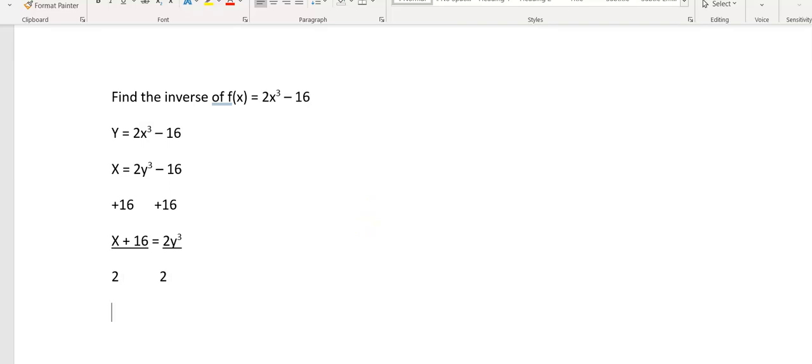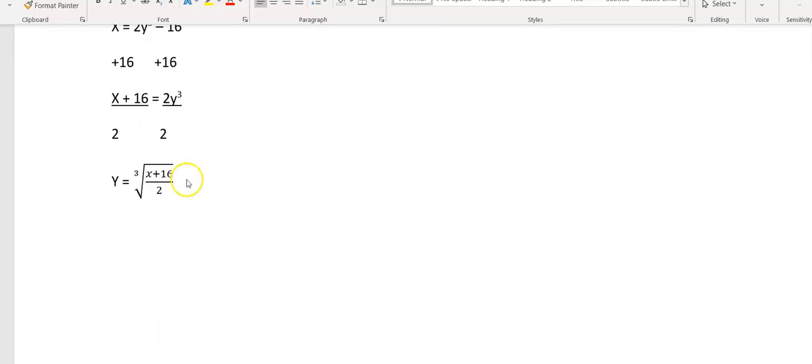And just like we did with y squared, let's get rid of y to the third by taking the cube root. And then lastly, as we've been doing with all of them, let's put it in the f inverse notation. I'll just copy and paste that. And there it is.